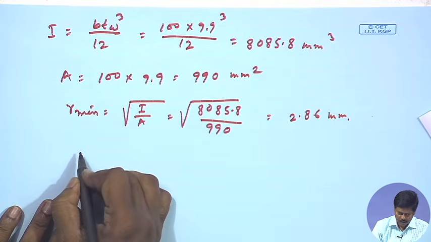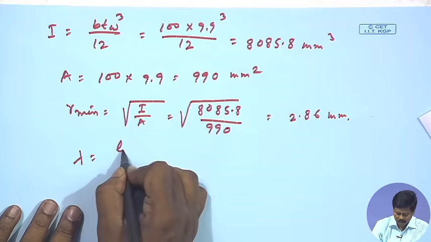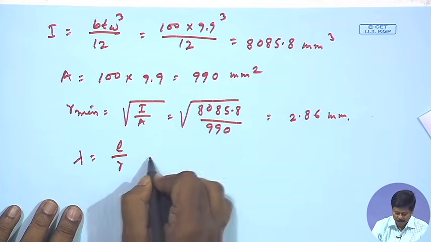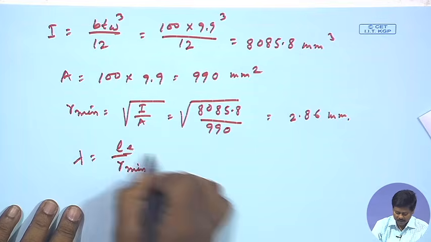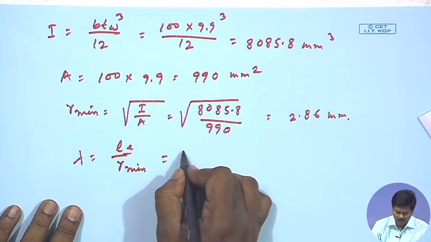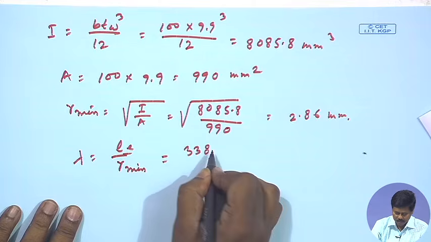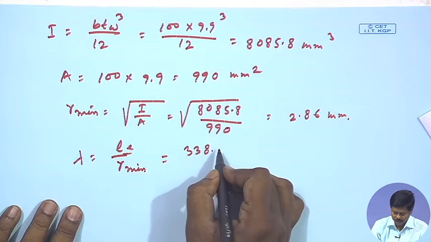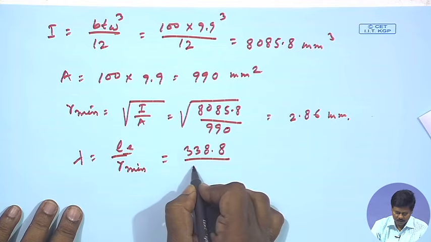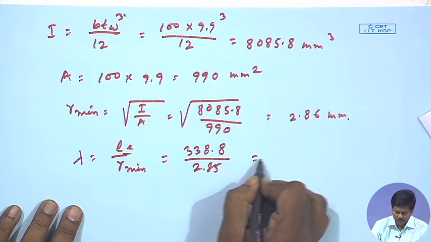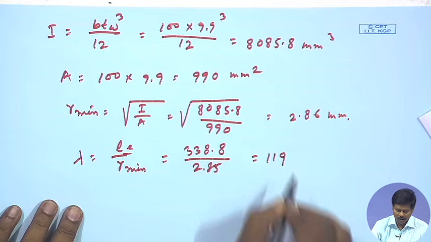And lambda I can find out, L effective by R minimum. L effective we found 338.8, R minimum is 2.85, so this is becoming 119.